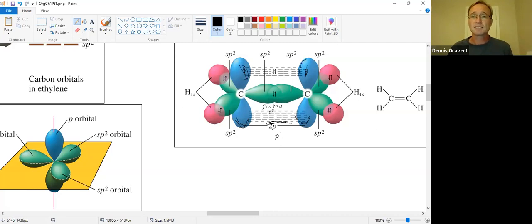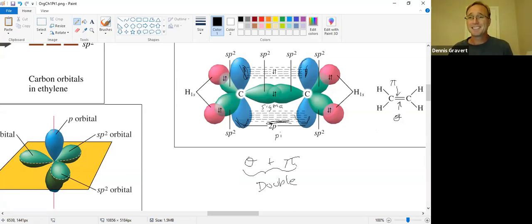And so what we get is a sigma, the Greek letter sigma, and we have a pi bond, well, you know the Greek letter for pi. And we have two bonds that make up our double bond. So you might arbitrarily say, hey, maybe this top one is the pi, or maybe it's a sigma, but one is sigma, one is pi.